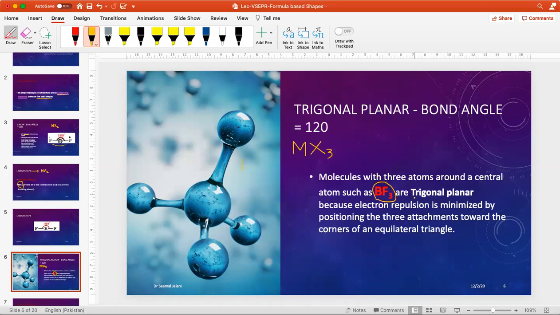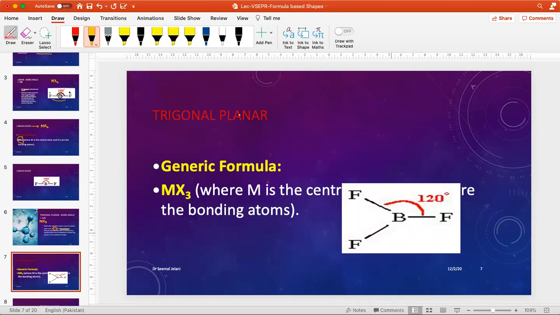The shape is trigonal planar because electron repulsion is minimized by positioning the three attachments towards the corners of an equilateral triangle. This is the structure: the center boron, and the three fluorines are positioned at maximum distance from one another, and the angle is 120.